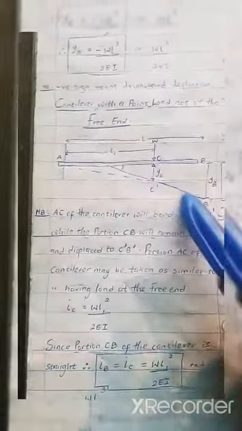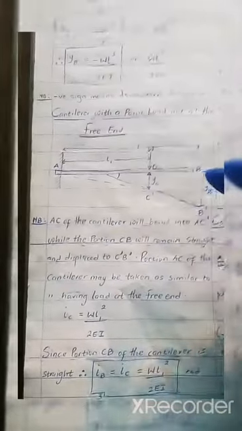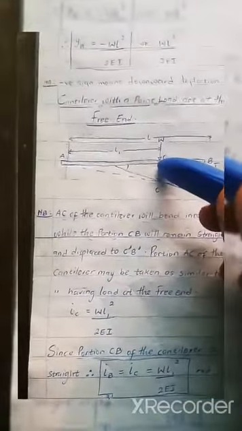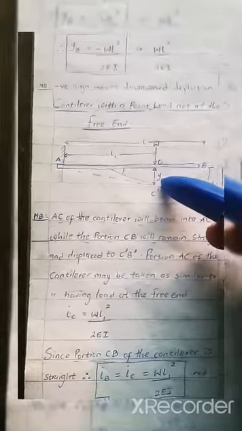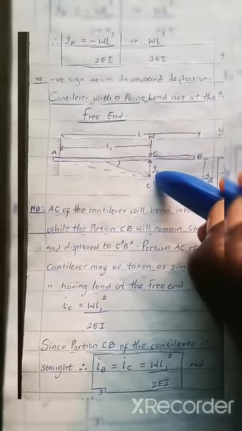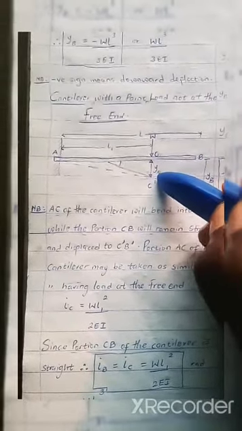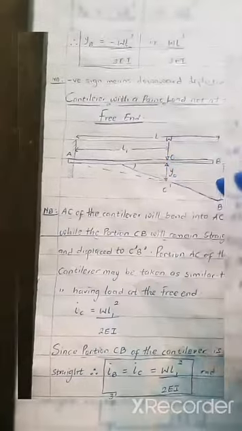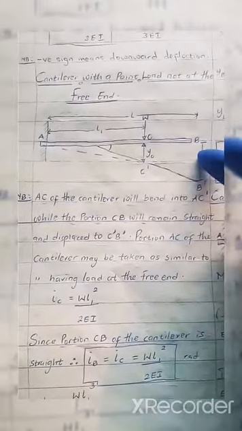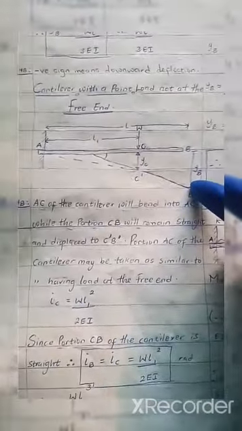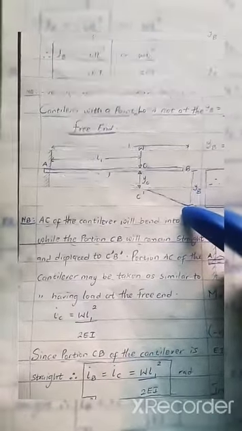Then this is the line showing the deflection. It will have a deflection at point C, YC, which is the deflection at point C, and we also have a deflection at point B. At point B, this is the maximum deflection.